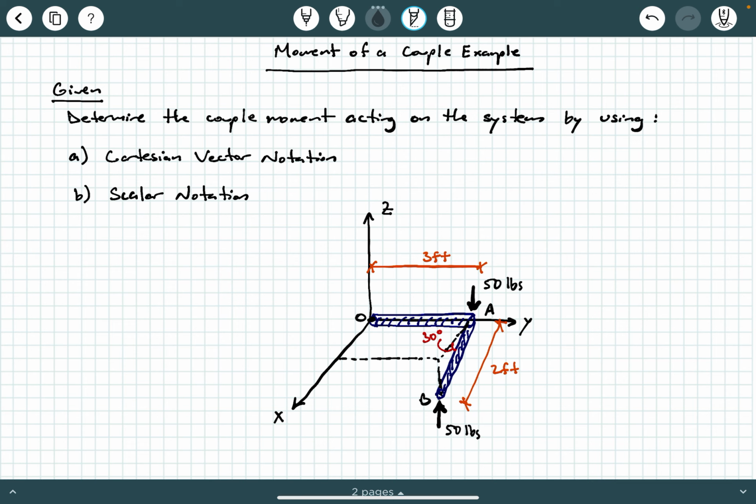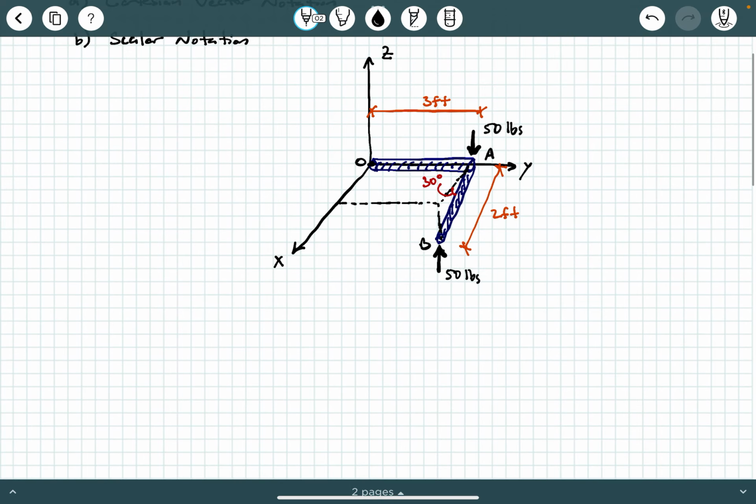So we could take the moment about point O for each of these 50-pound forces separately and add that together, and we will get a couple moment. Our background information video explains that in a little more detail, and this example is supposed to exercise that. So let's go ahead and get started with a solution.